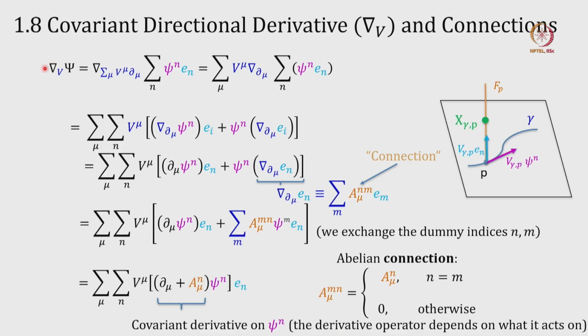So, we will denote a covariant derivative by this gradient or nabla with v denoting that, and v is supposed to have these two subscripts, but we have eliminated those for simplicity. So, along some curve and at a given point, which are all implicit in this v.